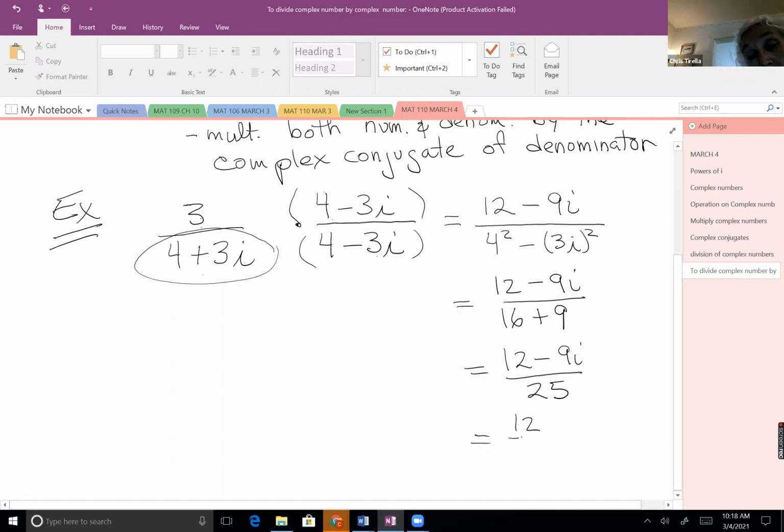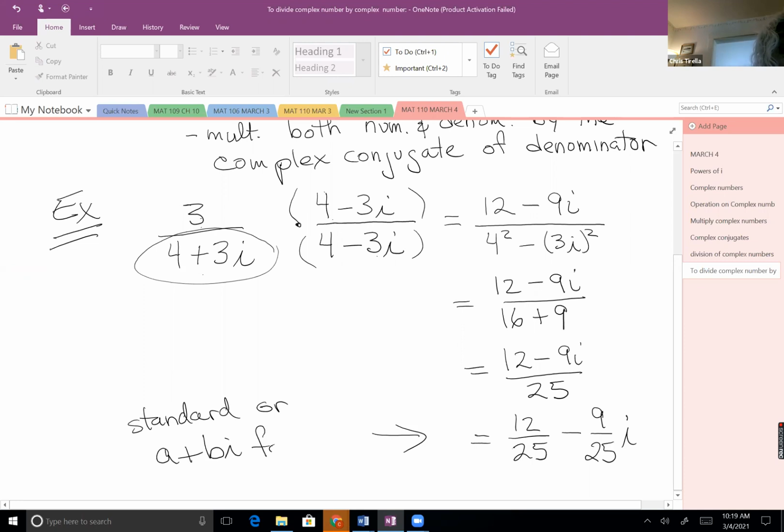So in standard form, we'll put the 12 over the 25 minus the 9 over the 25 times i. And so again, we want to go there to put it in standard, or that a plus bi form. What do you think?